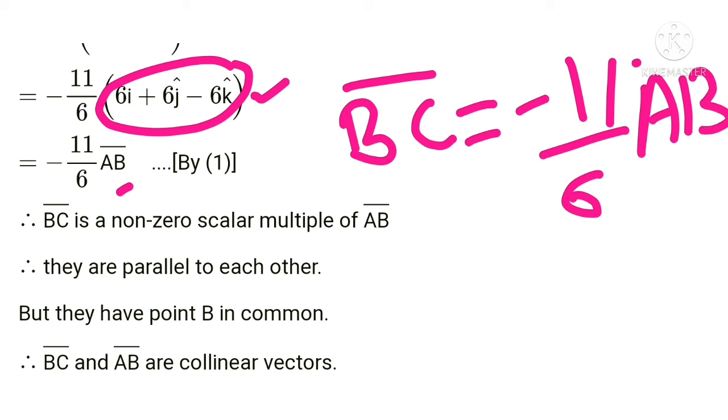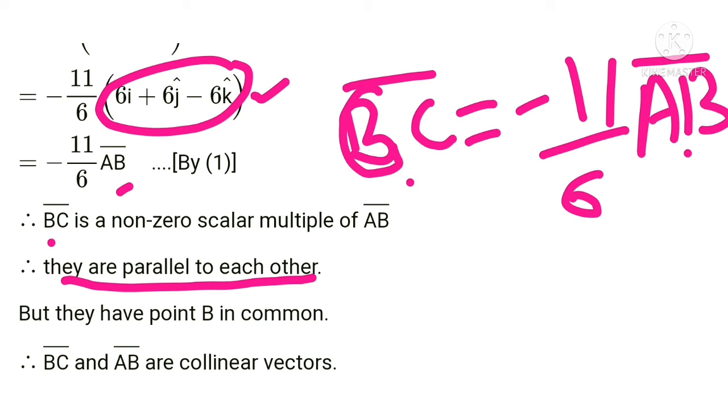That is, we have expressed BC bar as a scalar multiple of another vector. BC bar is a non-zero scalar multiple of AB bar. And if we express one vector as a scalar multiple of another vector, then these two vectors are parallel to each other. But they have a common point B here.